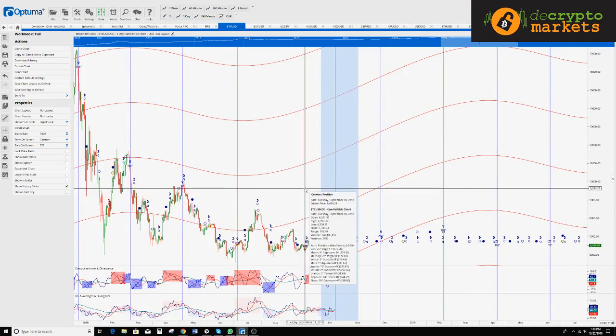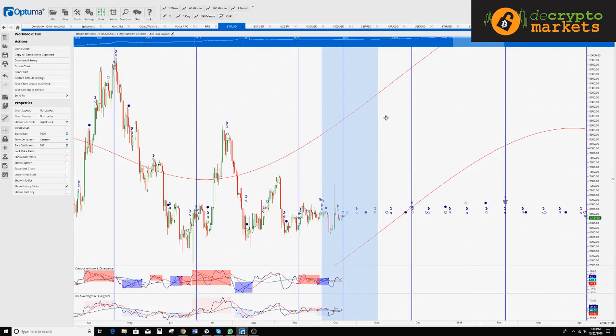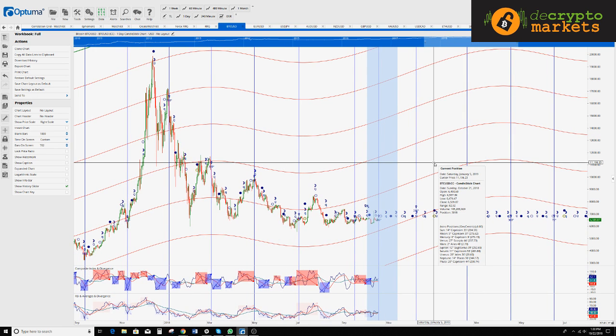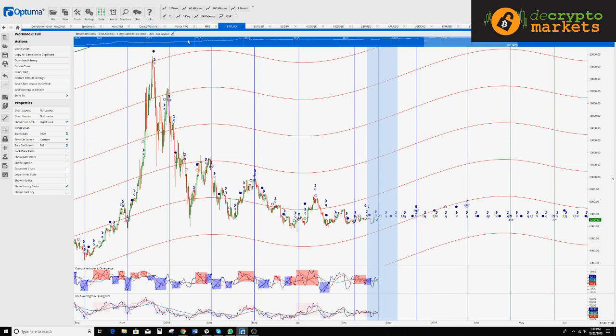That's what I'm looking forward to, actually. And so then the question is, okay, well, how do you know what moves the price then? And this is the part that makes Gann analysis so funky.